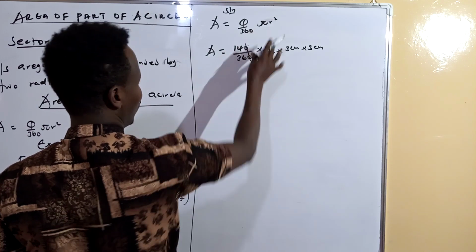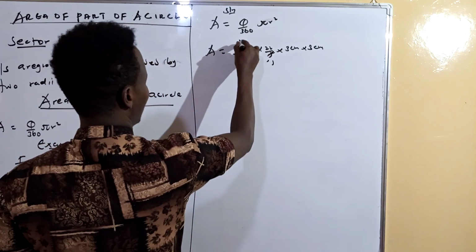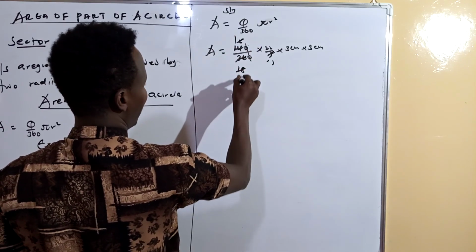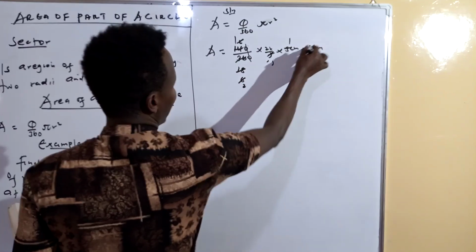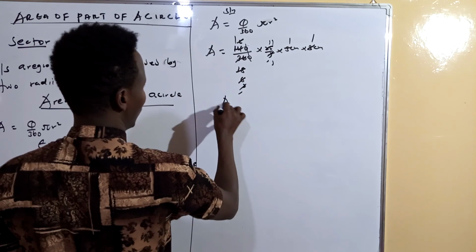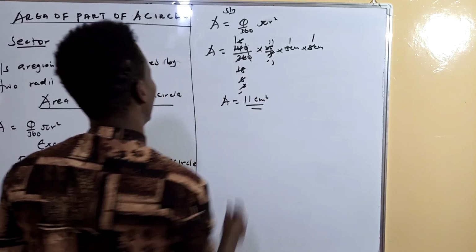Now cancel these. 7 into 7 is 1, 7 into 14 is 2, 2 into 2 is 1, 2 into 18 is 9, 3 into 3 is 1, 3 into 9 is 3. So area is equal to 11 centimeter squared.